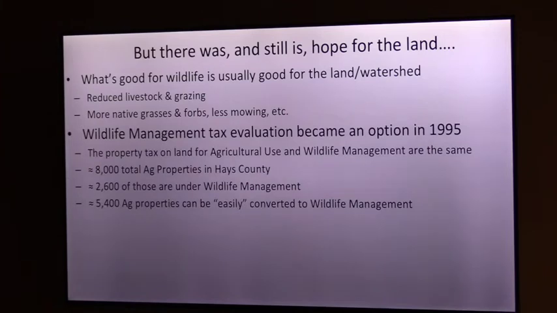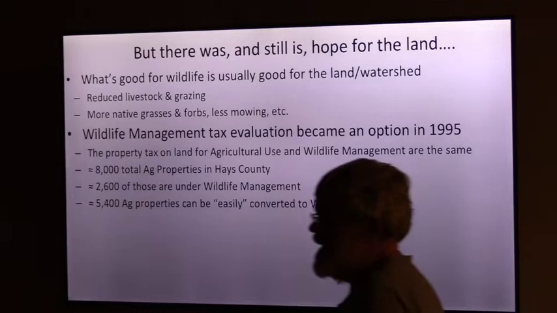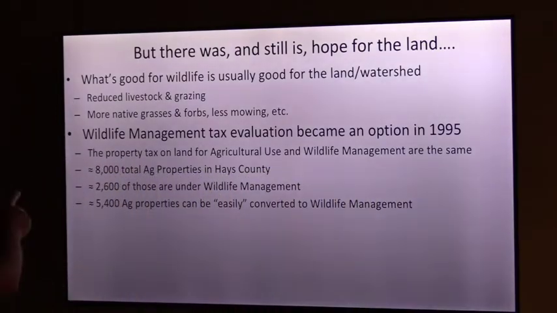Wildlife management tax evaluation became an option in 1995. That's why Red Hawk Ranch survived. Red Hawk area survived, because they could go wildlife management on 25 acres and not go broke on taxes. Okay, Melissa told us recently, last July, that there were 8,000 total ag properties in Hays County.